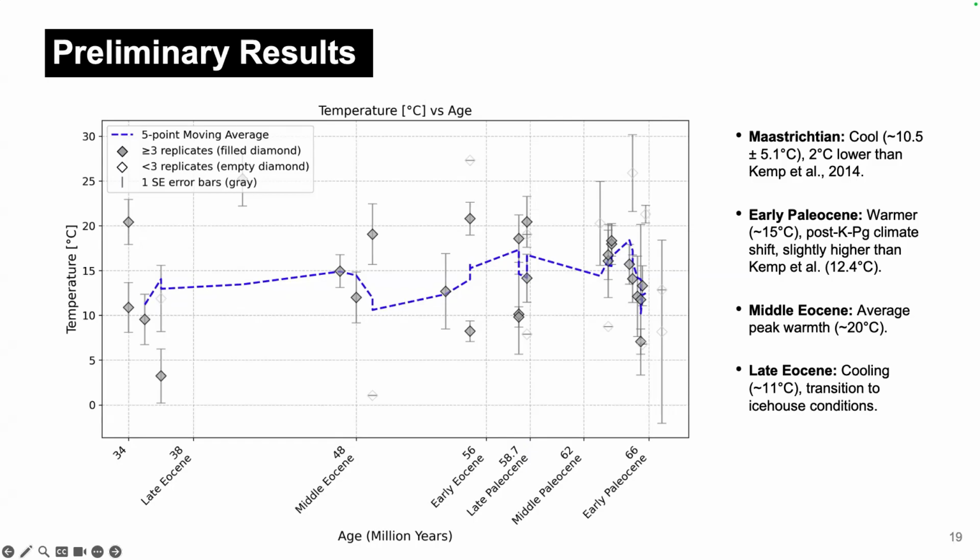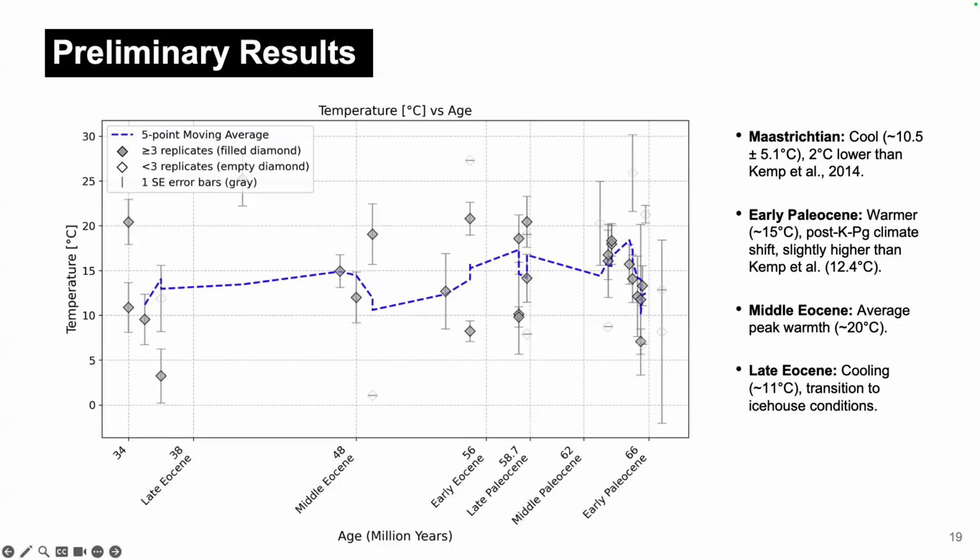This is slightly higher than the temperatures reported by Kemp et al. of 12.4 degrees Celsius. Temperatures remained stable through the late Paleocene before increasing slightly during the early Eocene, a well-documented greenhouse period.